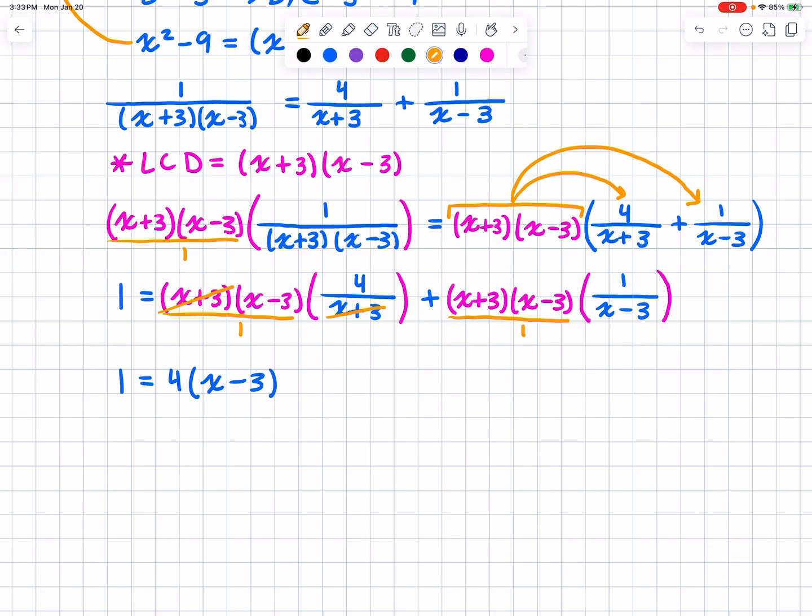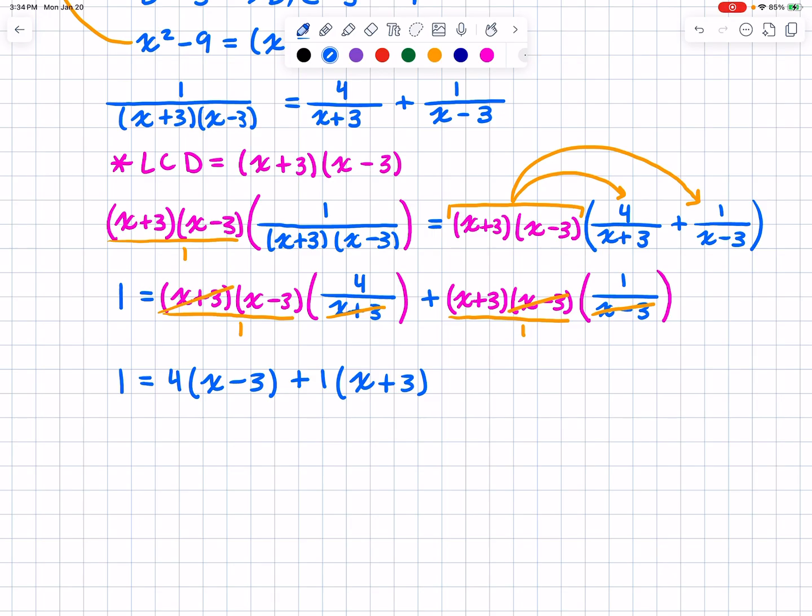Okay? And same thing on the right. In the numerator, I have x minus 3, and that will cancel with this x minus 3 in the denominator. So I'm going to get plus, because I'm just carrying this plus sign down, plus 1, since that's all that's left, 1 times x plus 3. And now we're going to want to distribute again.